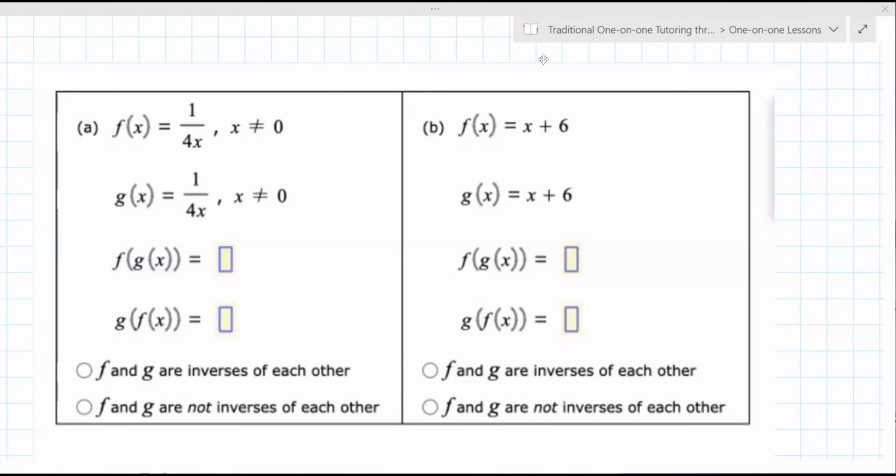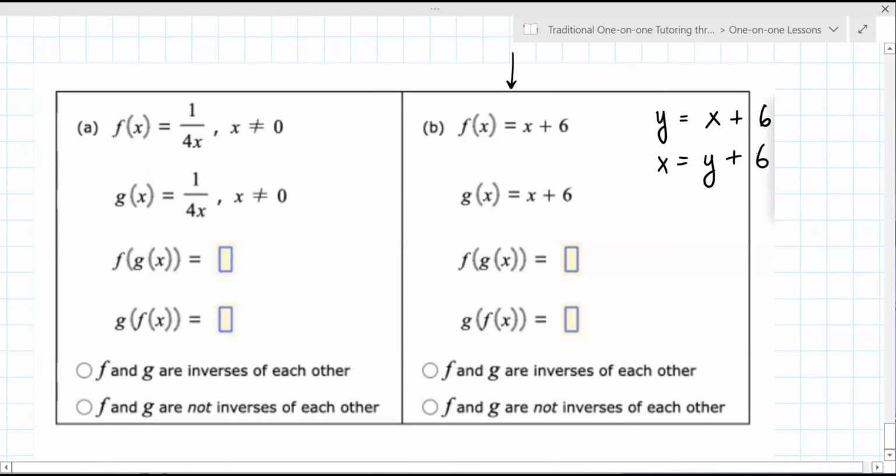I'm going to start with the one on the right first. Just like you were doing, y equals x plus 6. This is the more standard way of doing it. And then you switch x and y. So x equals y plus 6. And when you solve for y, y equals x minus 6.